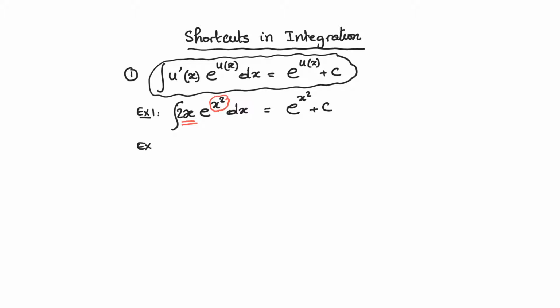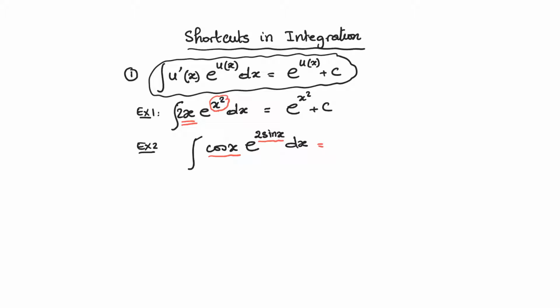Well, sometimes we don't have the u dash, but we have something very close to u dash. So let's say this time I have cosine x here, e to the 2 sine x dx. Well, this time the derivative of 2 sine x is actually 2 cosine x, so not exactly the cosine x.